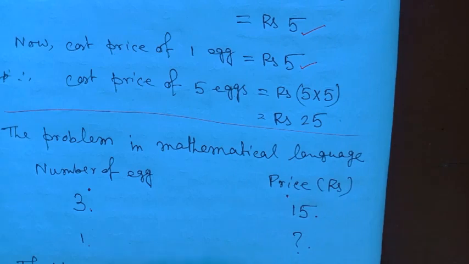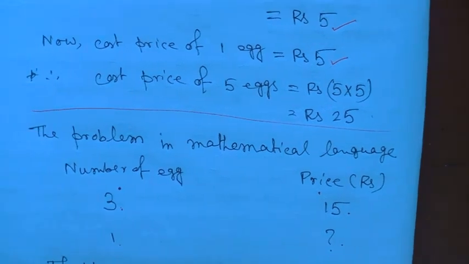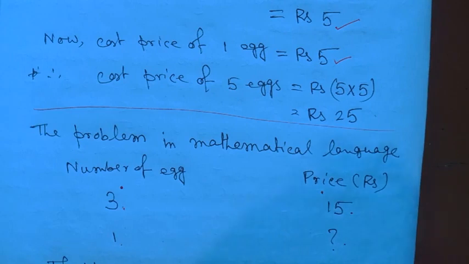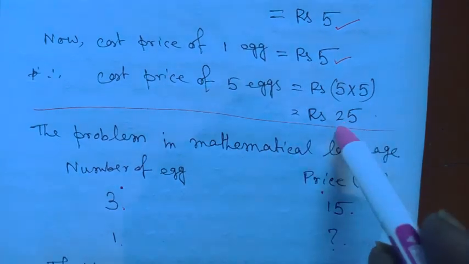Now we study direct relation and inverse relation also. So what is direct relation and what is inverse relation? Very simple question: if the number of things increases, then does the cost price of total things increase or decrease? If your mother told you to bring 5 eggs, rupees 25.